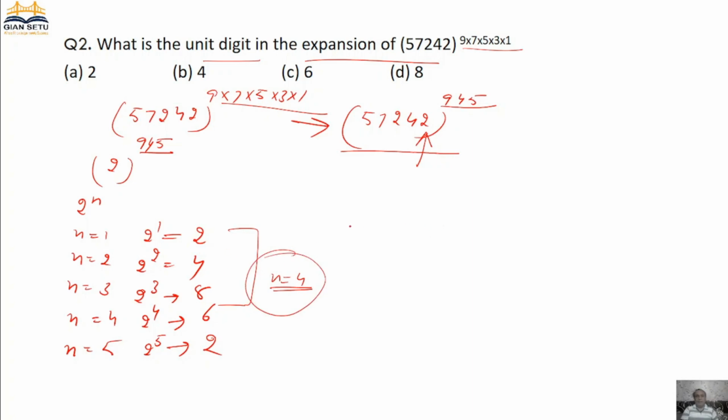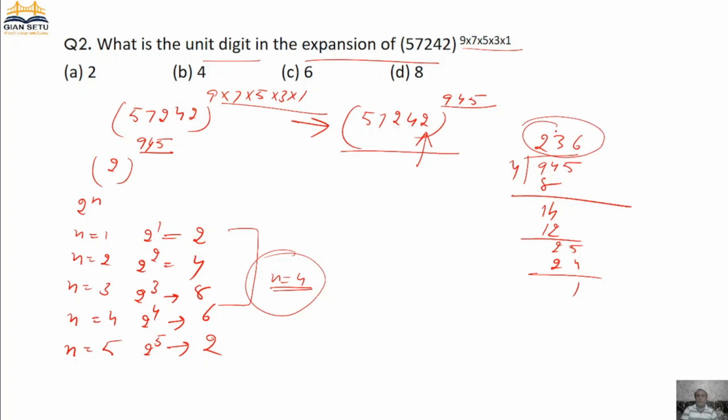Now again, if we divide 945 by 4, we get 236 as quotient and 1 as remainder.